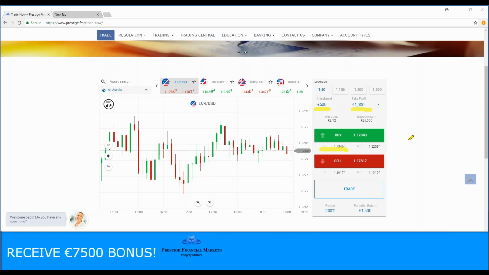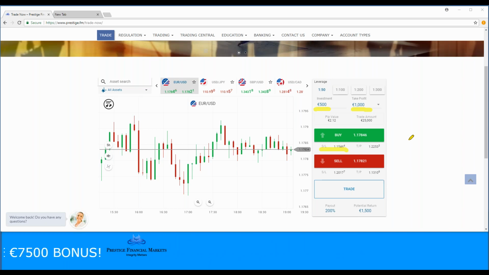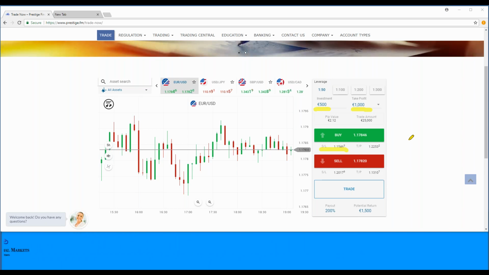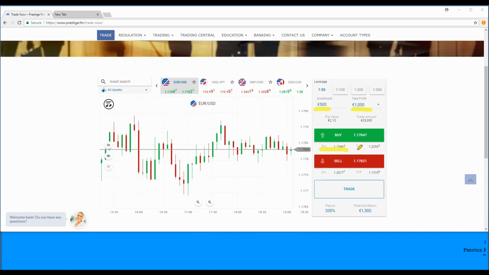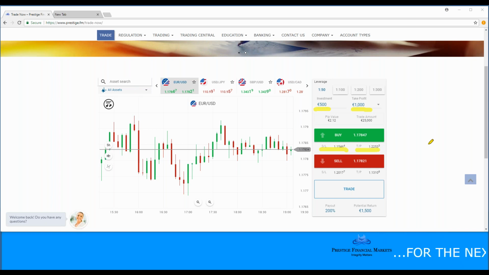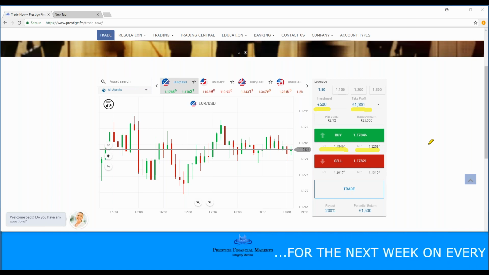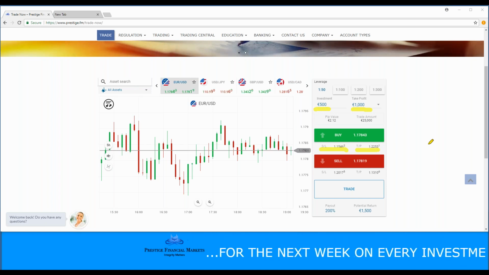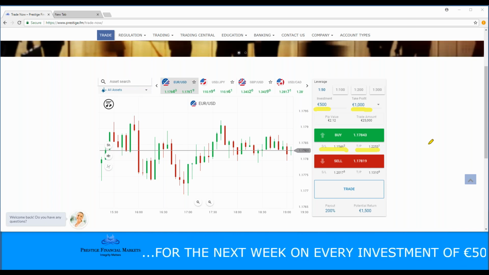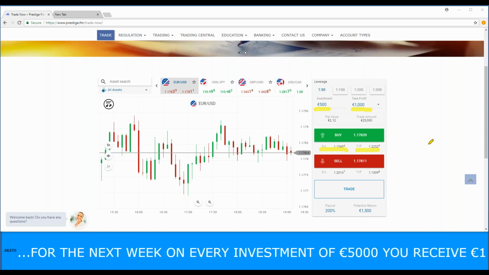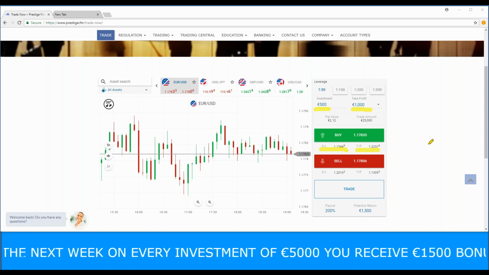Stop loss means that when the price reaches the stop loss, you have lost your money, and when it reaches the take profit, you take the profit. Stop loss and take profit are both for automatic trading, and in the meanwhile you can close the trade at any given moment.